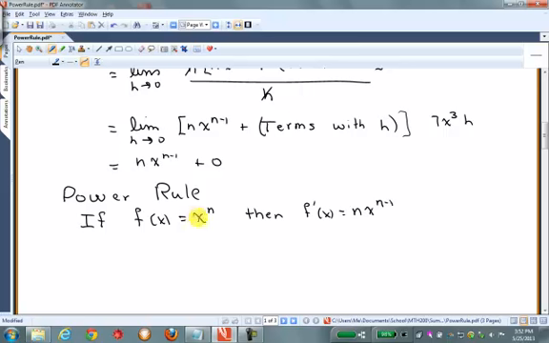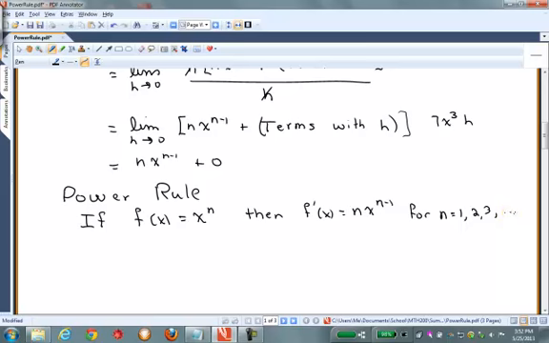Notice if f of x is x to the n, to get its derivative, we take this exponent, n, out in front, and then reduce the exponent by 1. And this works for n equal to 1, 2, 3, and so on.